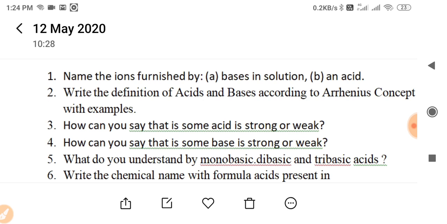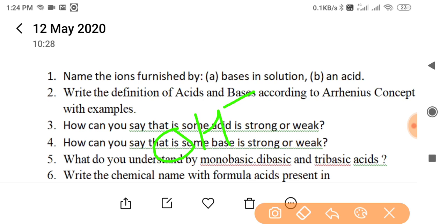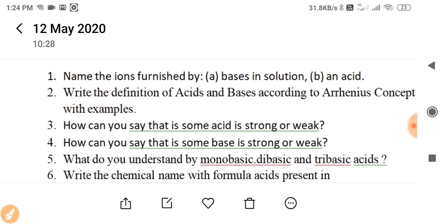So bases give hydroxide ions, OH minus, and an acid gives H plus ions. This is a simple question and you can write that accordingly.